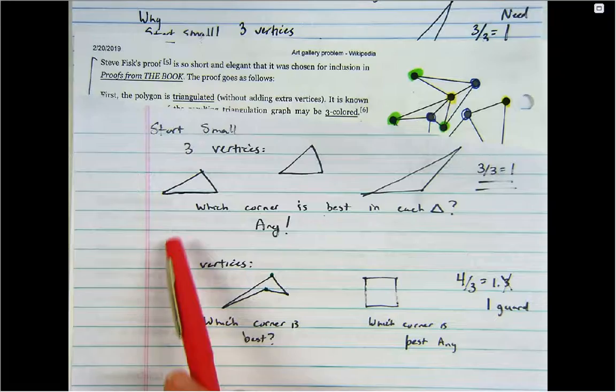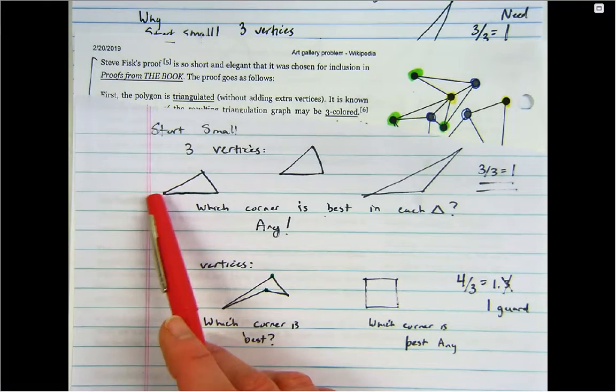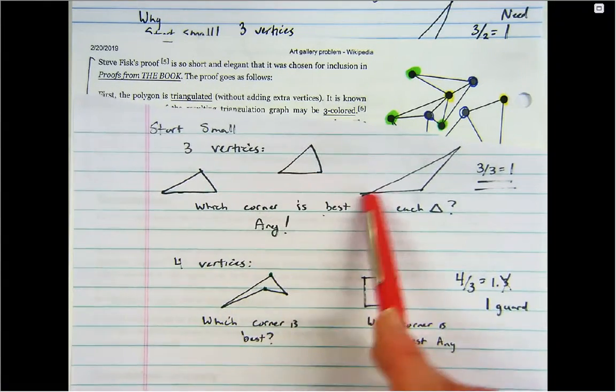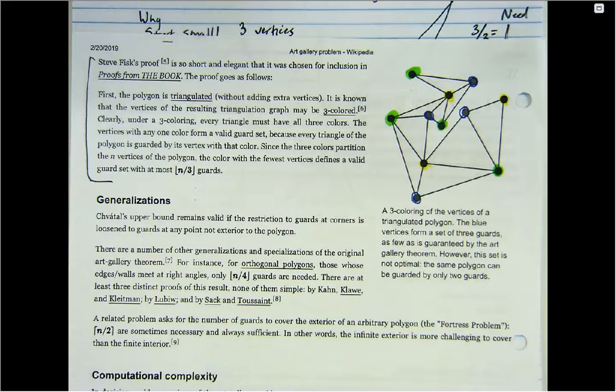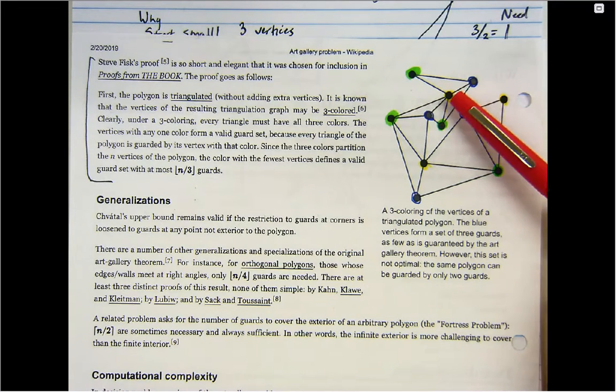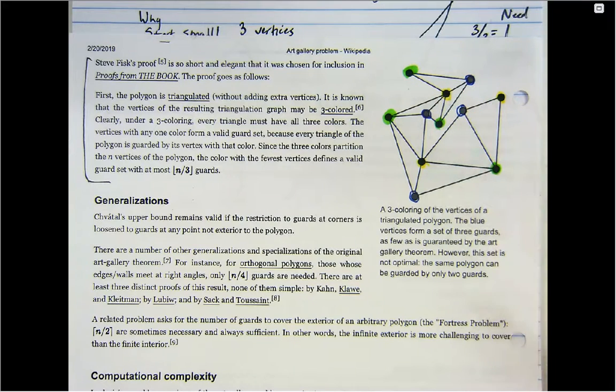Just like you had pointed out, a guard at any one of these corners can see any triangle. Also, he realized that you can color the vertices or the corners in such a way that all 3 colors show up on every single triangle.